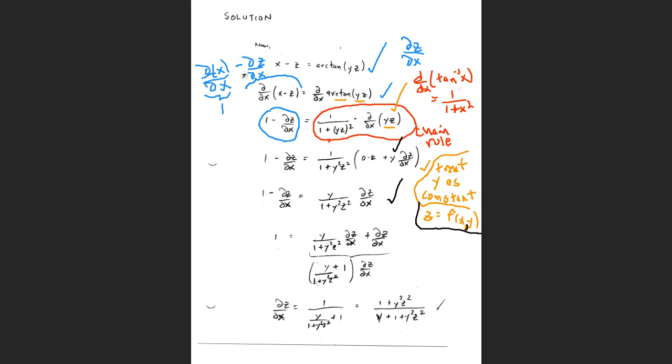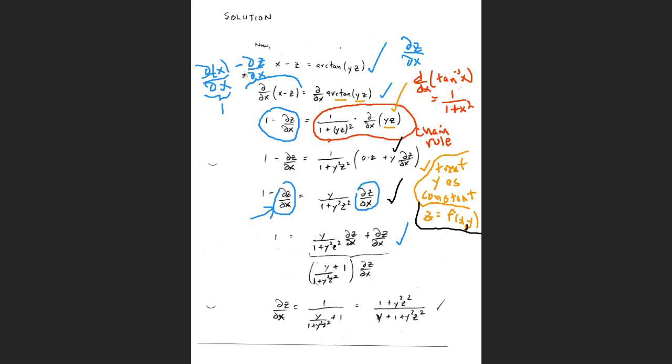And now we are going to isolate the partial derivative of z with respect to x. And this is something you learn in implicit differentiation too. We're looking for the partial derivative of z with respect to x, so I have to get that on one side of the equation, which I do. I add this term here, this partial derivative, to the right side of the equation.